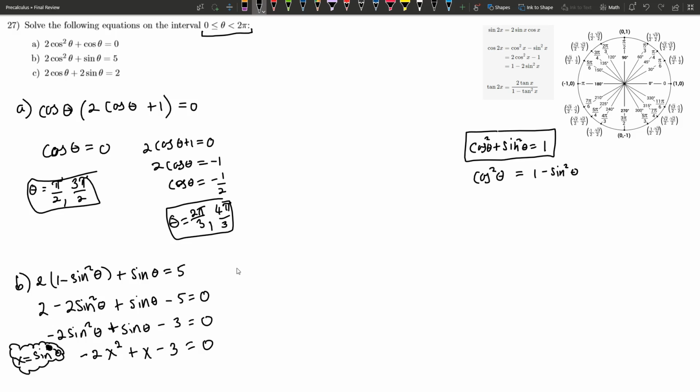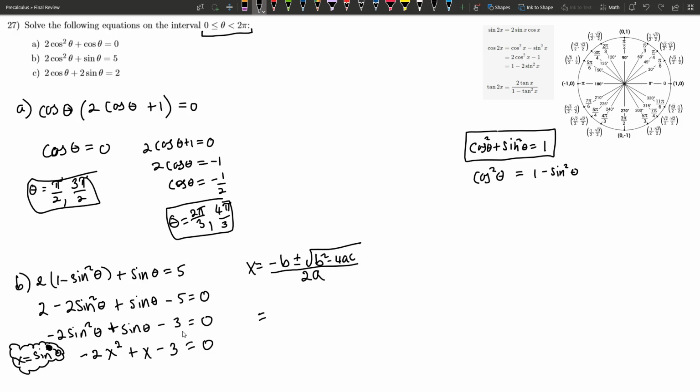Let's use the quadratic formula. x is equal to negative b plus or minus the square root of b squared minus 4ac, over 2a. How did I know that so quickly? I looked at the tattoo on my arm. Let's substitute the numbers.